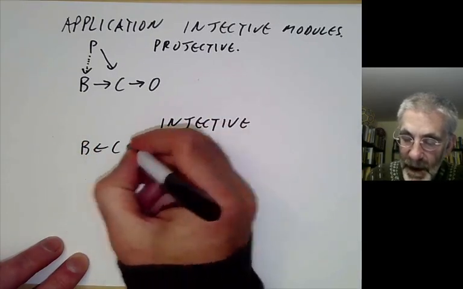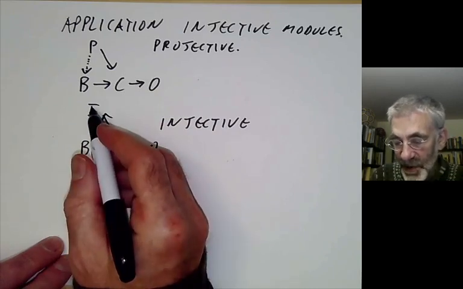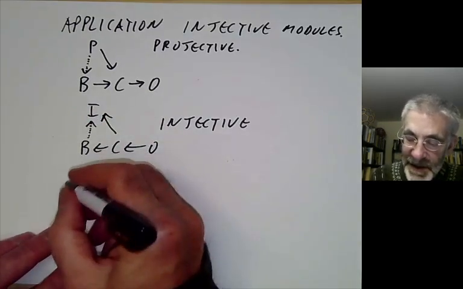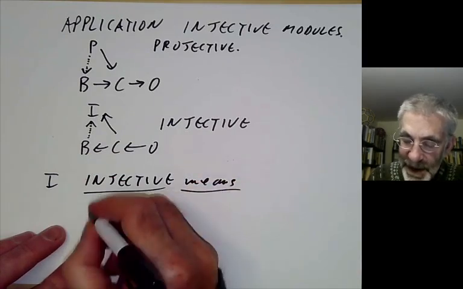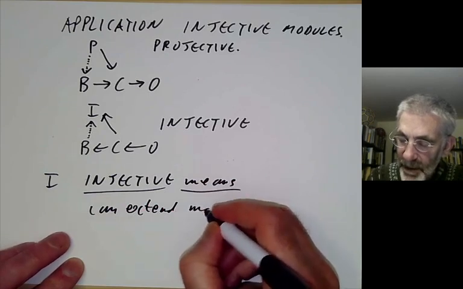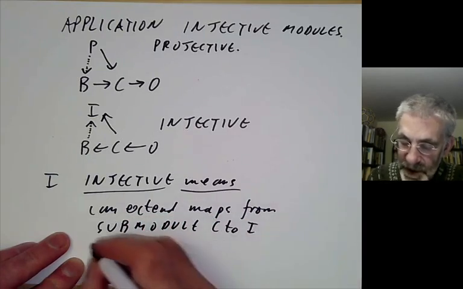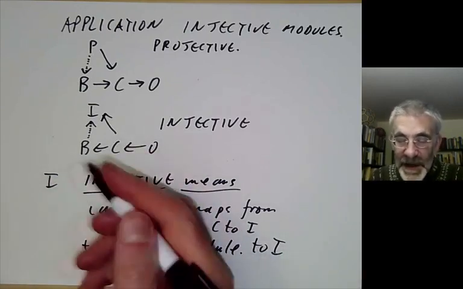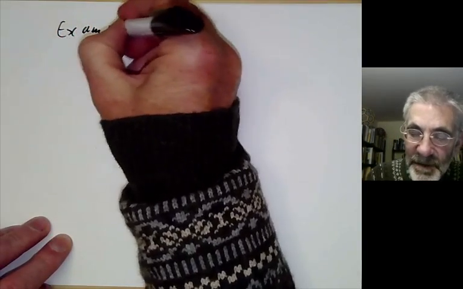Suppose we've got a map like this, so C is a submodule of B, and suppose we've got a map from C to our injective module I. Then by definition there should be an extension of this map from B to I. So what it says is that I is injective means we can extend maps from a submodule C to I to the whole module to I. So it's very easy to construct homomorphisms from modules to I, because we can always extend homomorphisms from submodules.